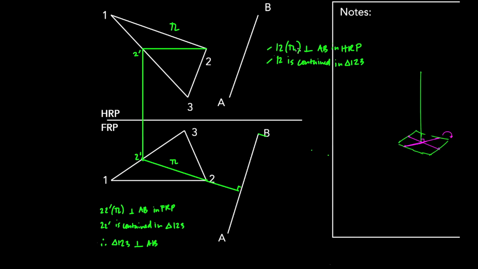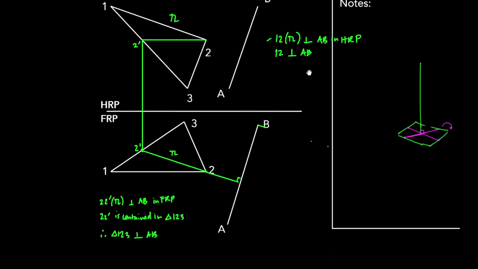So 1, 2 is perpendicular to TL in A, is perpendicular to AB in HRP. Therefore, 1, 2 is perpendicular to AB. Tapos, ang next proof nyo is this one.